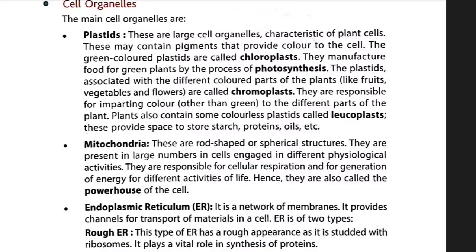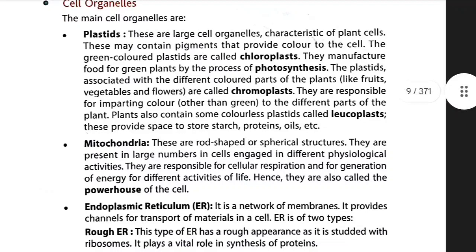The next, chromoplast, is the colored plastid, and it helps in providing different colors to fruits, flowers, etc. Then leucoplast is the colorless plastid, and it provides space to store starch. That means it is the site of storage accumulation.